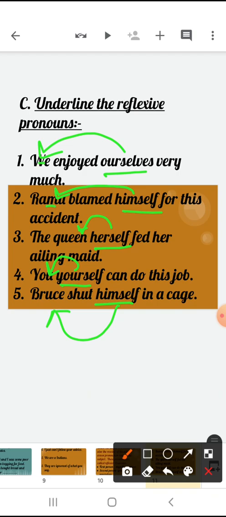We, Ramu, queen, you, and Bruce. These all are subjects in the sentences, and they are also the receiver of the action. We use a pronoun to replace the subject. So these all are reflexive pronouns. Okay.